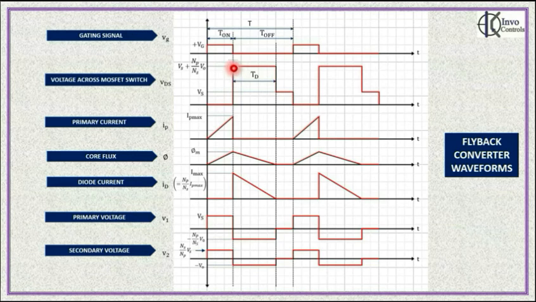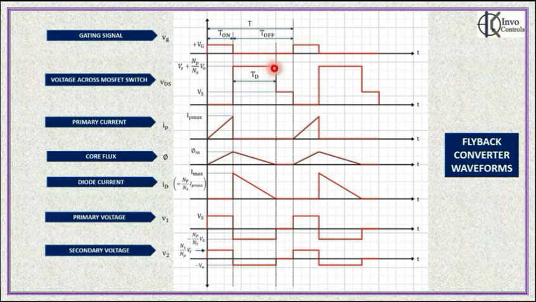Effectively, the voltage across the MOSFET switch is the summation of supply voltage and the voltage across the primary. During the interval Td, which is the time the diode is on, primary voltage is present. Hence, you are going to get the total voltage across the MOSFET switch as what is shown there, Vs plus Np upon Ns into Vo.